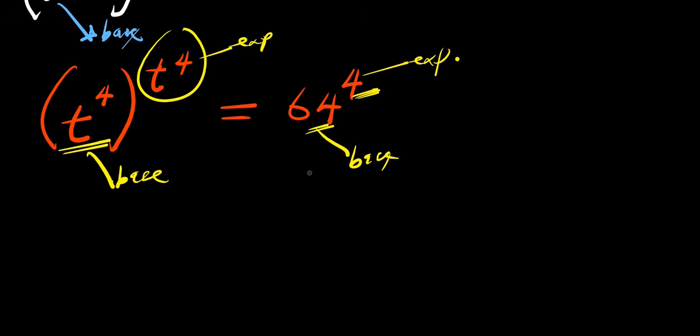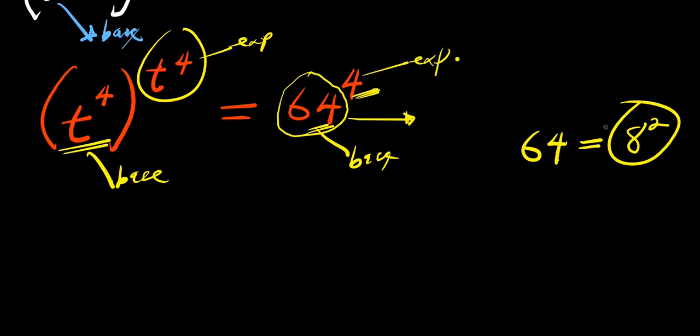So for us to achieve that, we are going to consider this 64 is a perfect square, which is a to the power of 2, right? And we will replace this 64 here with a to the power of 2.